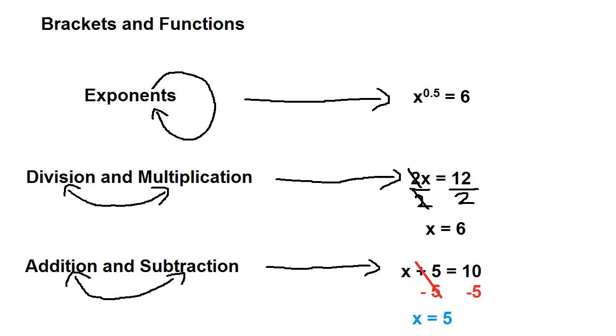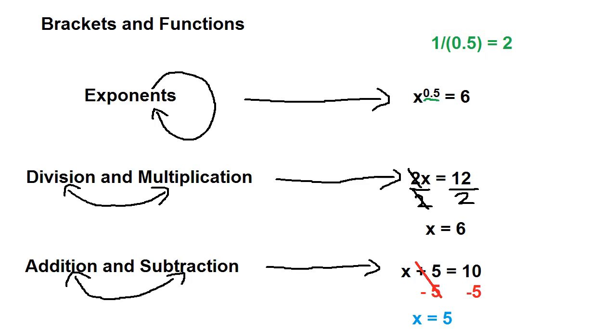And how this generally works is you're going to look at the exponent that you want to get rid of, the 0.5 here, and to find the inverse exponent that you're going to apply to both sides, you're going to take 1 and divide it by whatever exponent you're getting rid of. 1 divided by 0.5 is just 2.